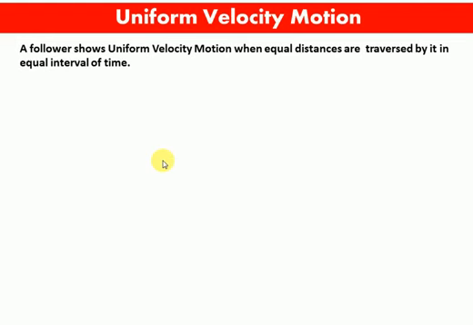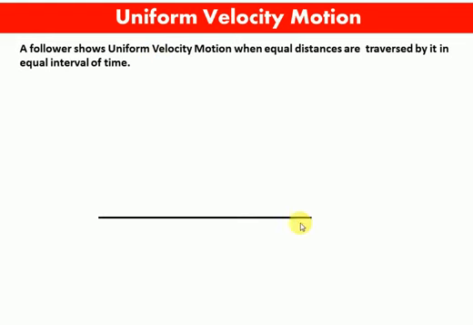And in this general discussion of the displacement diagram, I have only considered the first half of the cam rotation, that is, I have only taken the rise or the outstroke, or we can say I have considered only the angle of ascent. So how do we draw the displacement diagram for uniform velocity motion?